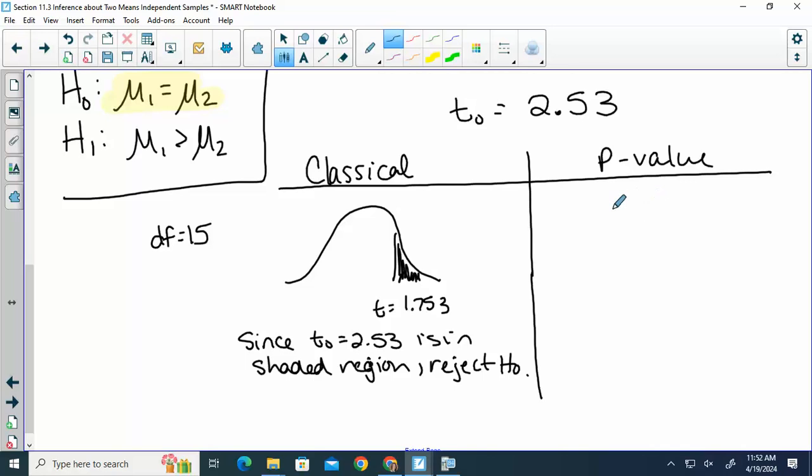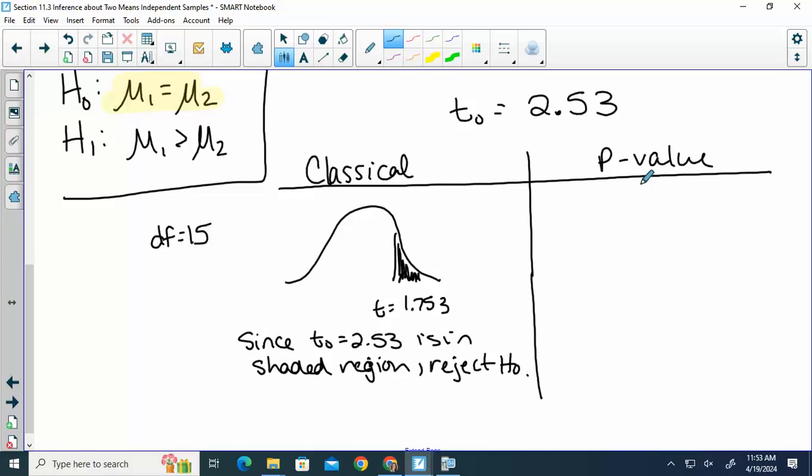The p-value approach is finding this probability. So if we have 15 degrees of freedom and the t is 2.53, that means you're going over and finding the closest number in this table you can get to 2.53. And the closest is what? 2.602.